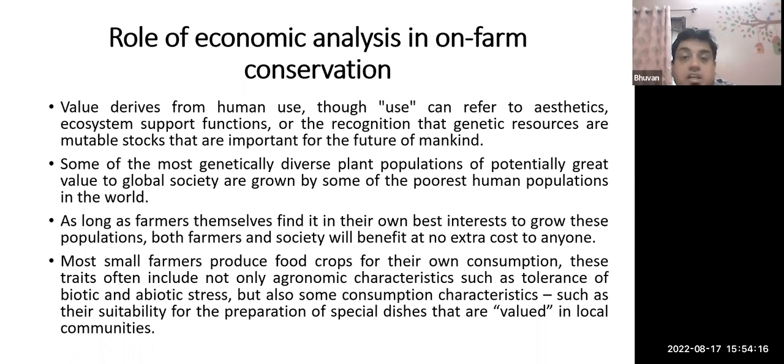So they are preventing the genetic homogenization which we are currently facing. At the current stage, we are seeing that plant homogenization is basically occurring.